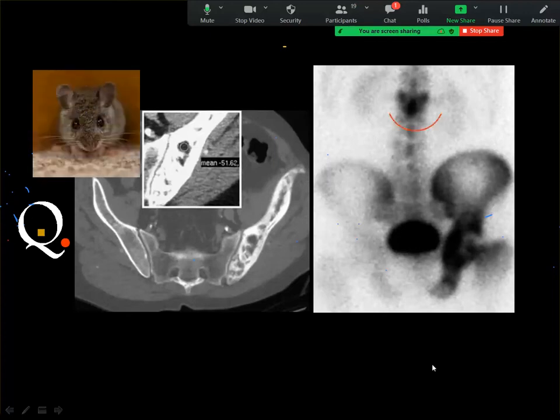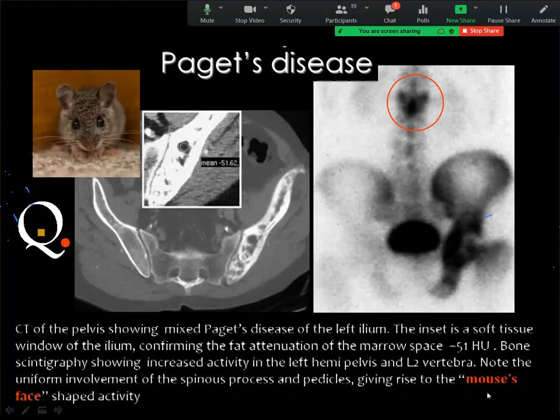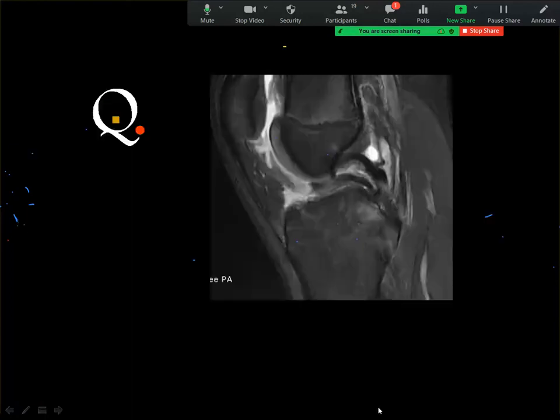And there is also one of the criteria mentioned in the literature, the presence of the mouse face in the spine, because the vertebra is affected together with the pedicles, giving this characteristic appearance. Of course, you do not see this in every case, but you consider the enlargement of the bone and the heterogeneous texture of mixed sclerosis and osteolysis as diagnostic of Paget disease. Next case.